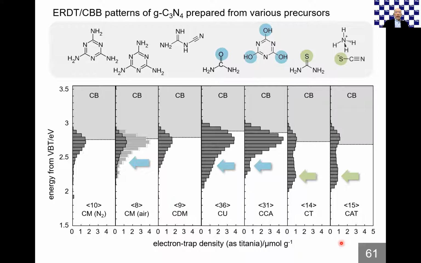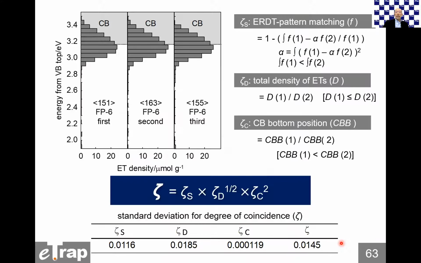So then another technique is to check the similarity of samples. And this is the result of a commercial titanium oxide sample. The sampling was made very, very carefully from the same bottle, in the same position in the same bottle. So as you see, the ERDT pattern is almost the same.